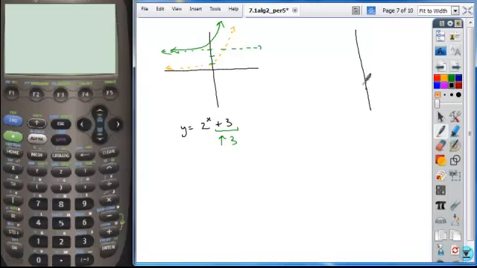And what if we have the transformation occurring inside our function? Now we have this inside part. It's in the power. It's applied directly to the x. So this is going to be a horizontal transformation. Are we going to go to the left or to the right 3?